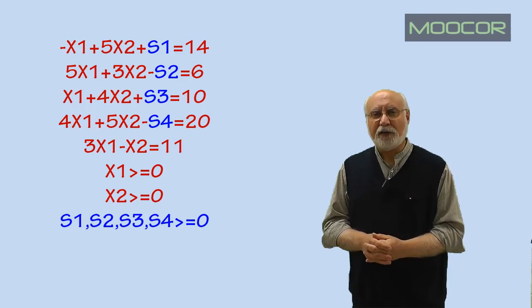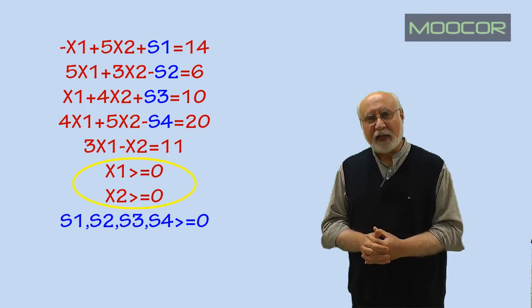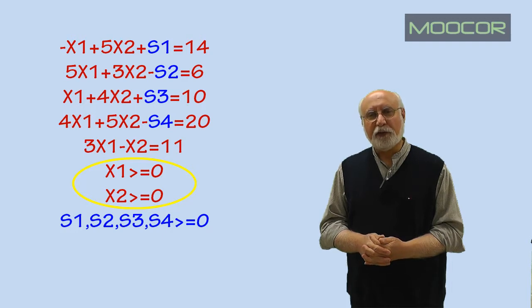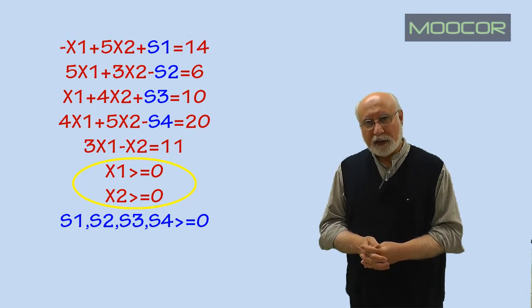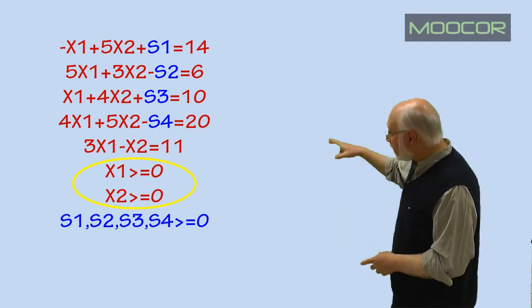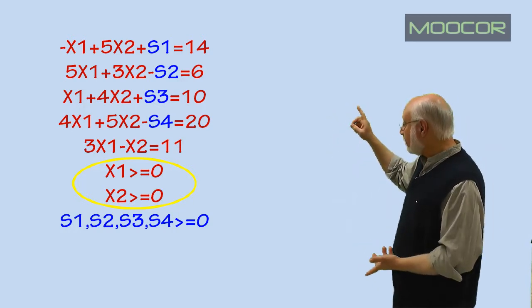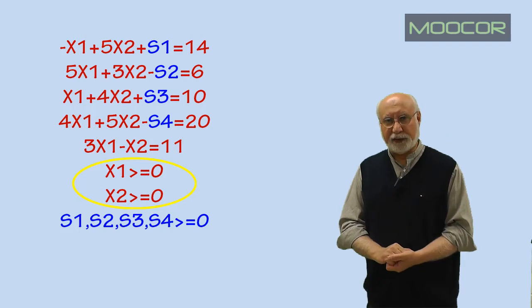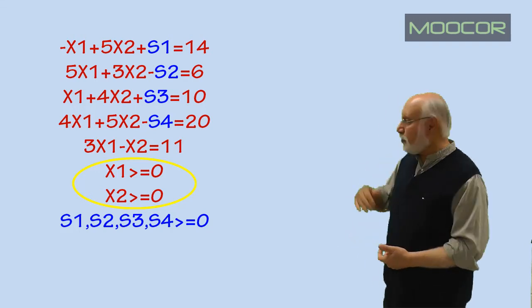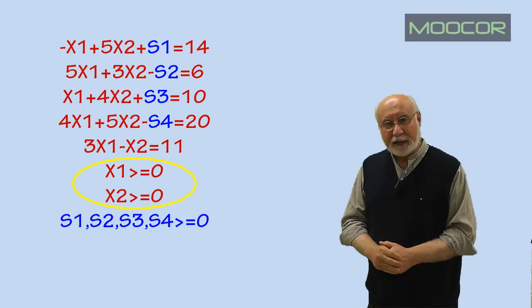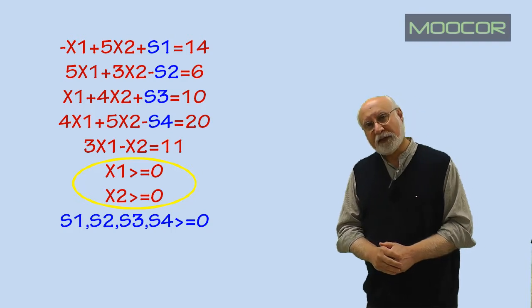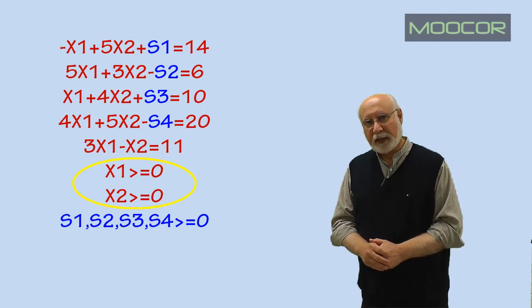We are not going to add slack or surplus variables to any of those, and these are the variables such as x1 greater than or equal to 0 or x2 greater than or equal to 0.